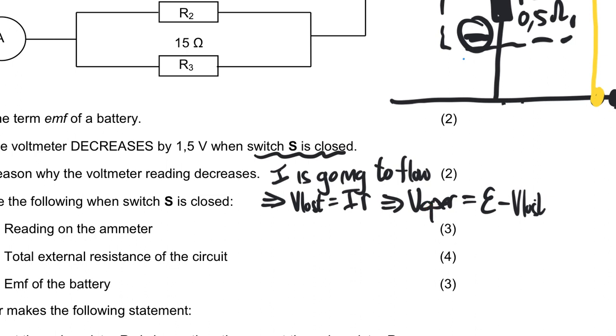But as soon as your battery operates and a current is drawn, whatever the internal resistance is multiplied by the total current going through the circuit, you're going to get lost volts. And those lost volts are going to take away from the EMF and give you an operational voltage, which is less than the EMF. Now, we are told that this is 1.5 volts.